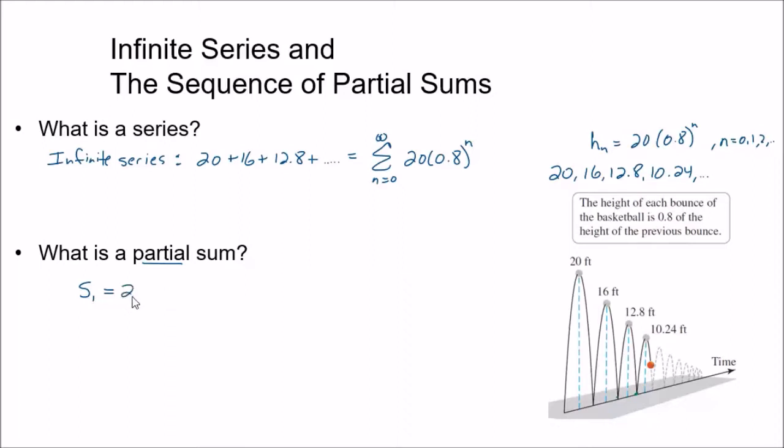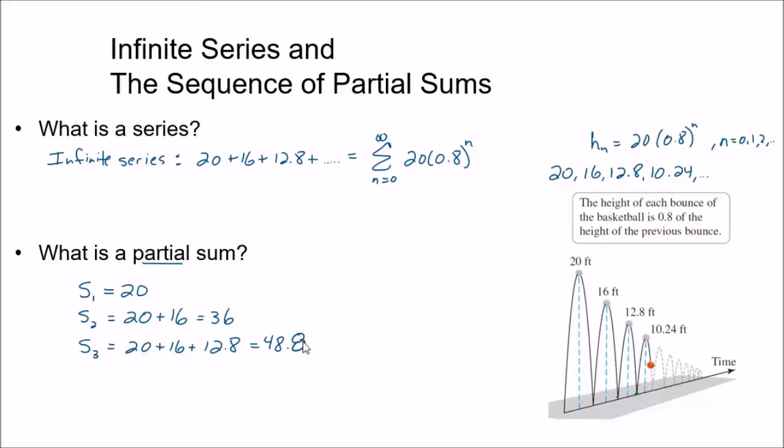So the partial sum, S sub 1, is just 20. S sub 2 would be adding the first two terms, which would be 36, is the next partial sum. All right, the partial sum of 3 terms would be that value. So 36 plus 12.8 is 48.8.